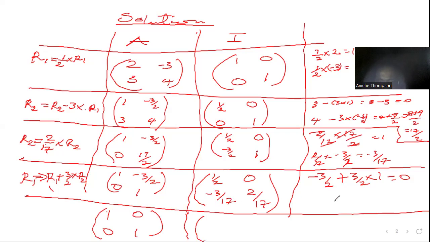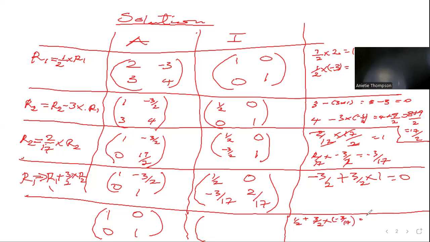So the row 1 here is going to be, let me strike it down. The first entry there is going to be row 1, that's 1 over 2, plus 3 over 2 times row 2. So row 2 there is minus 3 over 17.